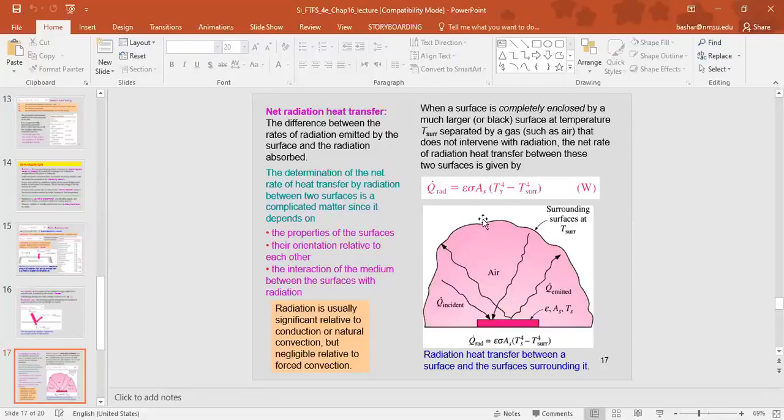The surroundings may be simply the walls and ceiling of a room, the oven walls, or simply the sky. Here epsilon is the emissivity, sigma is the Stefan-Boltzmann constant, A sub s is the surface area of the body, T sub s is the surface temperature, and T surr is the surrounding temperature. Notice that these temperatures must be in Kelvin, as they represent absolute temperatures.